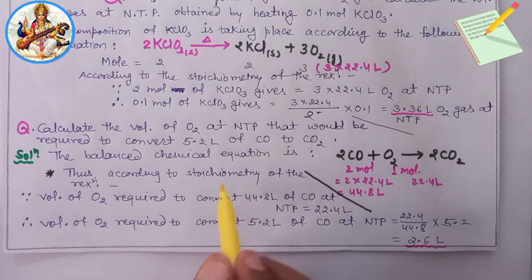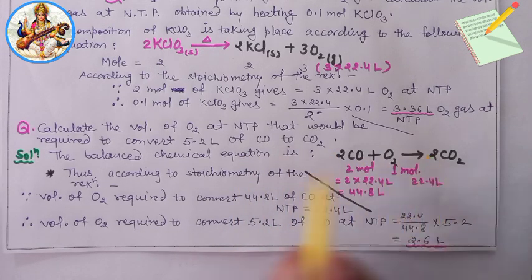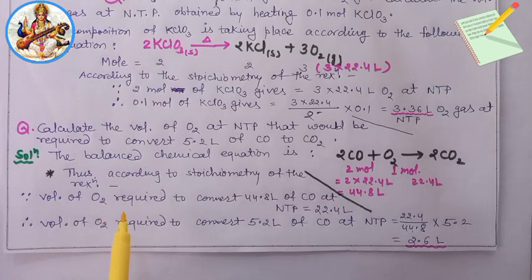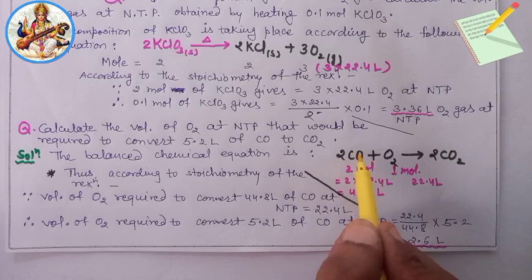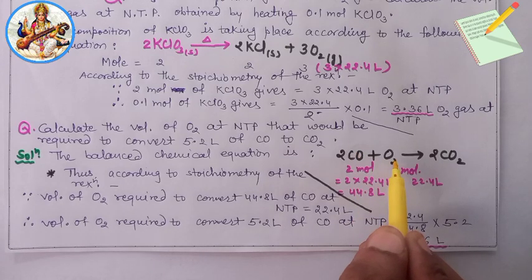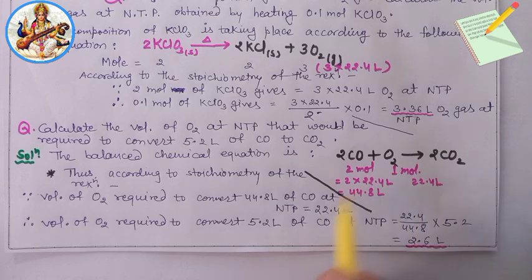In other words, the volume of 2 moles of carbon monoxide is 44.8 liter. So, according to the stoichiometry of the reaction, by the single rule method, the volume of oxygen required to convert 44.8 liter of carbon monoxide at NTP is 22.4 liter.